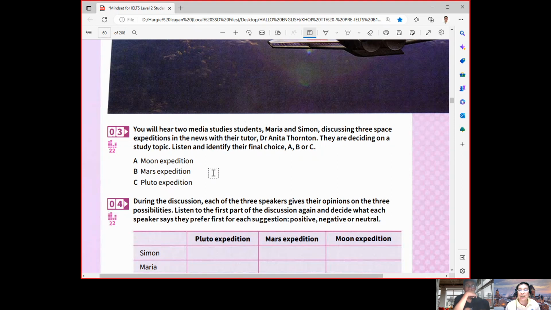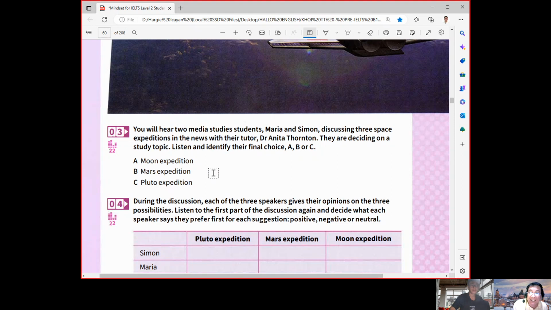According to them, no one has reported yet about the Mars expedition, and this expedition is still ongoing at this point in time, right? So that's their idea, and they agreed together. Both Simon and Maria agreed that it would be a good idea to study the Mars expedition.